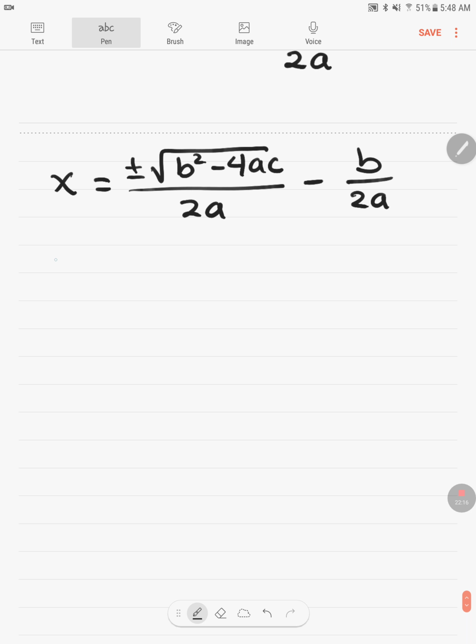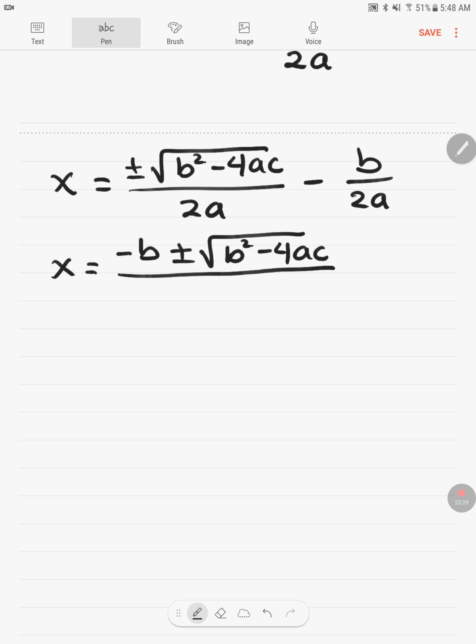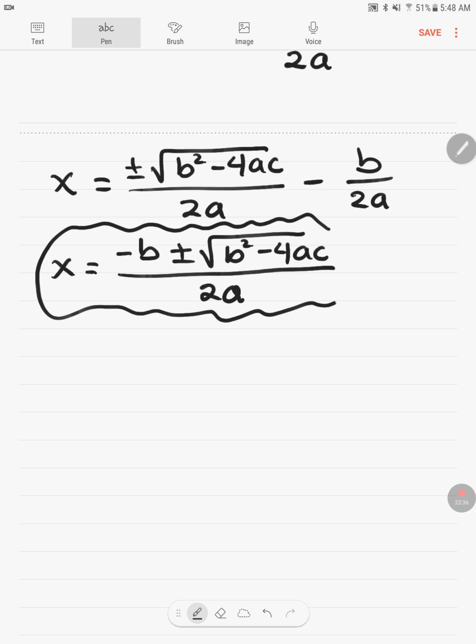Therefore, x will equal minus b plus or minus square root of b squared minus 4ac divided by 2a, which will be the final answer for our x.